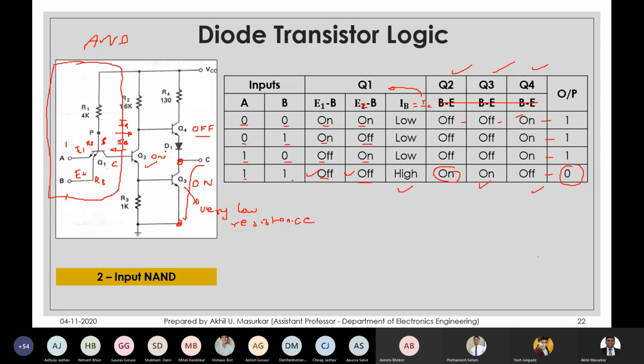So the inverter part will remain the same. So this will be your A and B, and the same thing.